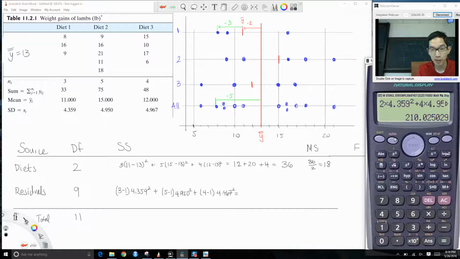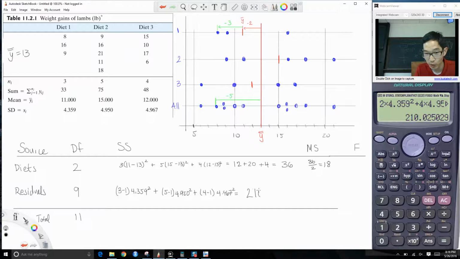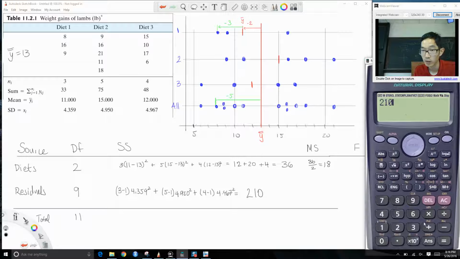I think it's a tiny bit over 210 because of rounding issues, but overall we have 210. The mean squares here would be 210 divided by 9, and I get 23.333.